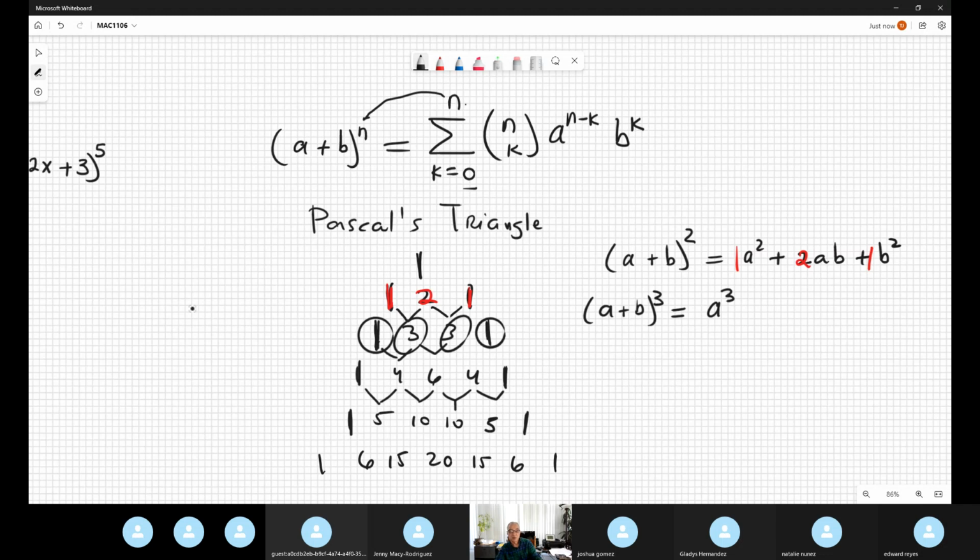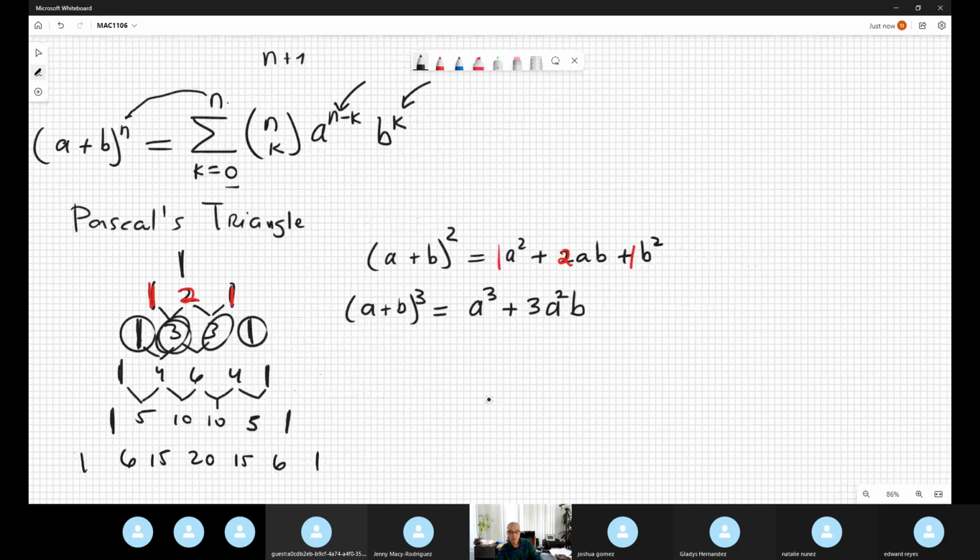According to the formula, for k equals 0, it is a to the 3 minus 0, and b to the 0. So b to the 0 is 1, therefore a cubed, only a cubed, plus 3, where does the 3 come from? It is this 3. So you are decreasing the exponent of A and increasing the exponent of B. This is the idea of the exponents: a to the n minus k decreasing, b to the k increasing.